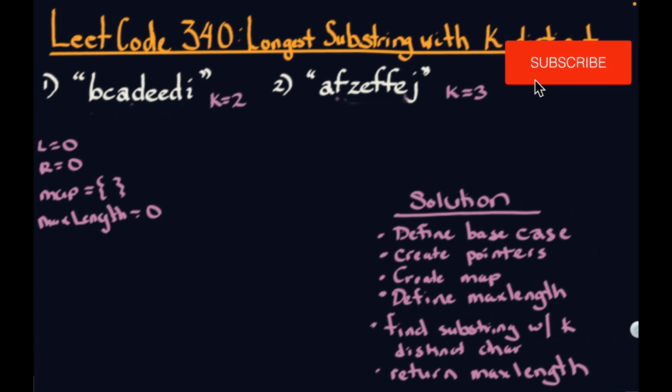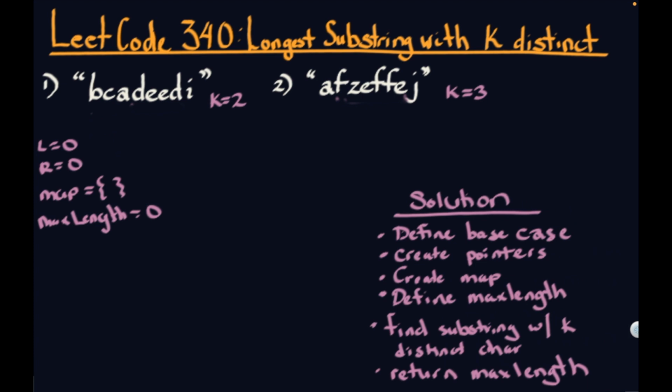Therefore, your map can't be greater than the size of k. The right pointer keeps moving forward as long as the map is not greater than k. It can be equal to k, but it can't be greater than k. Hence the title "at most" in the question. It's at most, and that just means you have to use a less than or equal to when you're defining your conditions.